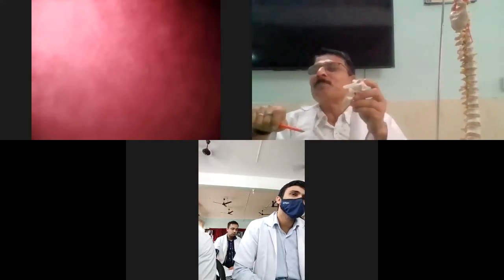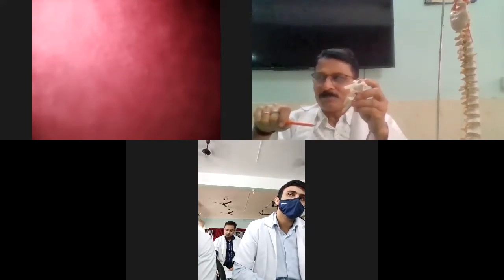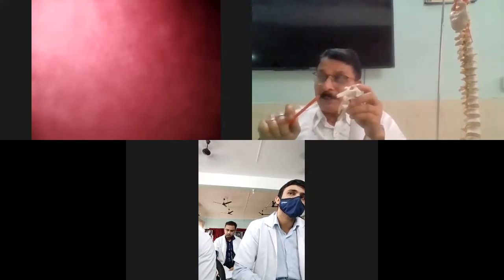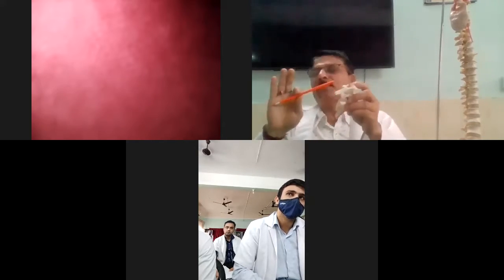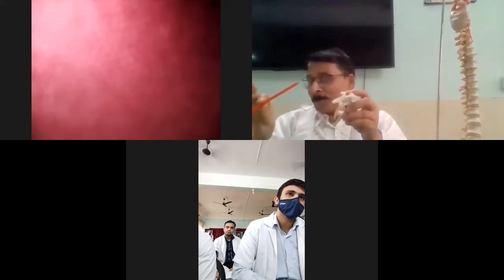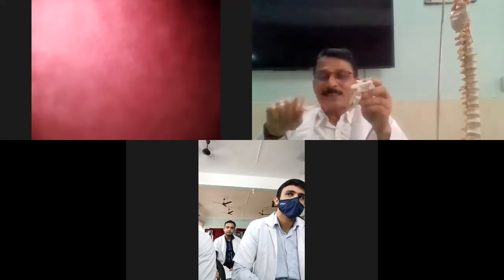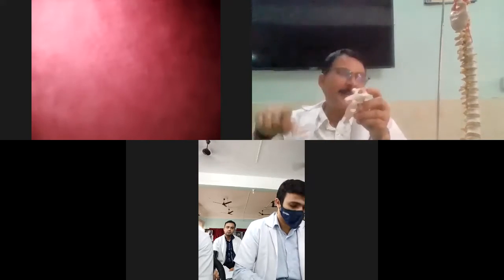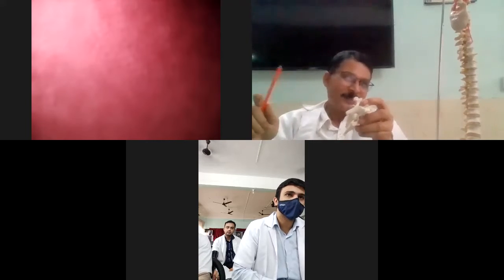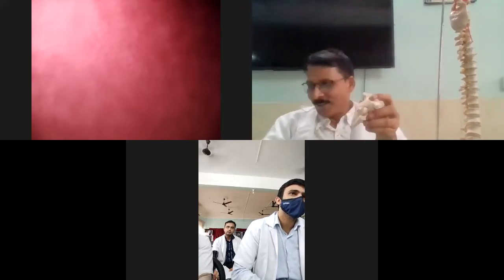That is why I need to do stabilization. With this mechanism, the injury can be said to be stable or unstable, but it does not actually tell you about the neurological deficit, which is a different thing. May not have correlation, may have correlation. So that is not always fixed.